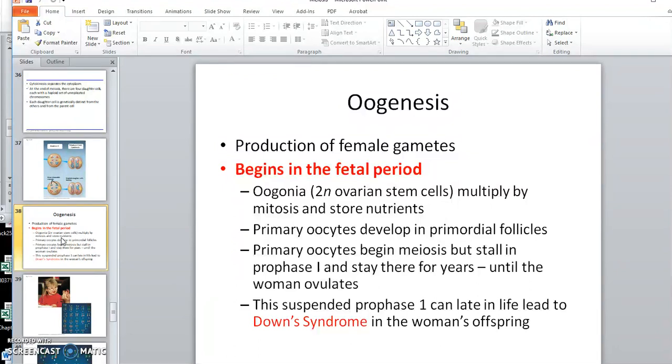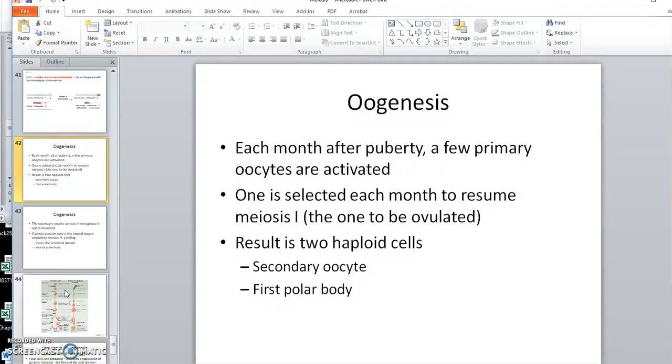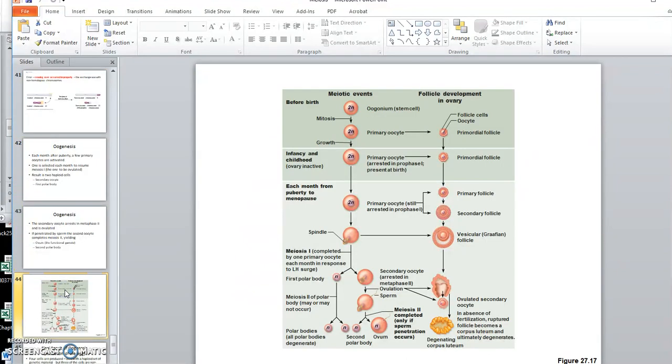So you have to have enough food in the egg to do that. The sperm only brings genetic material. It doesn't bring anything else. So oogenesis, development of the egg: you'll have 4 cells, but 1 viable egg. The other things are called polar bodies, and they degenerate. That's oogenesis.